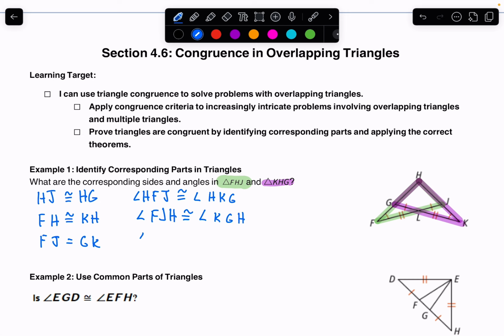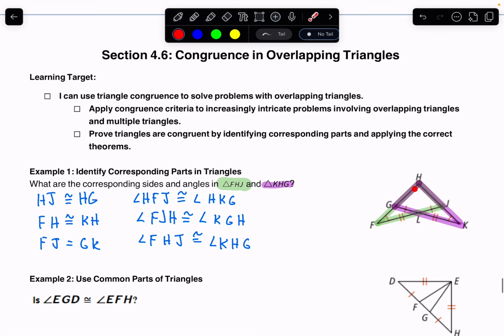And we should have angle FHJ congruent to angle KHG. So that's going to represent all of the corresponding pieces. Notice that this last one, that's the same angle in both triangles. That's this angle in the purple triangle and this angle in the green triangle.